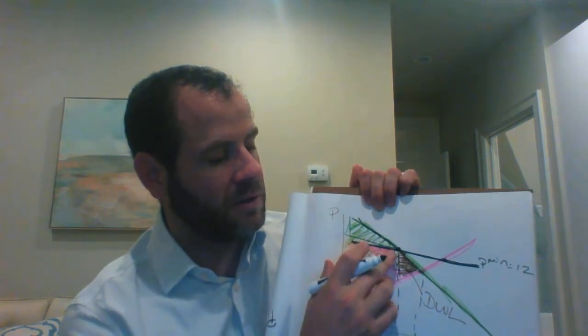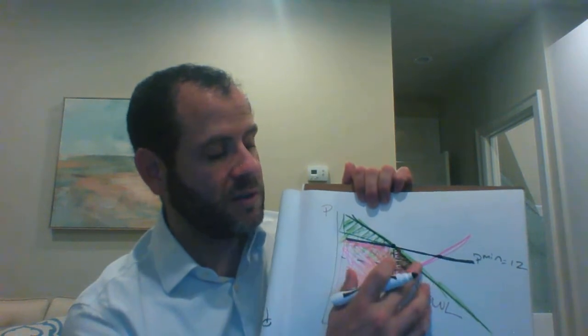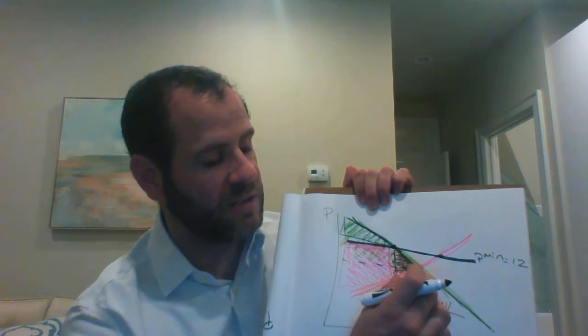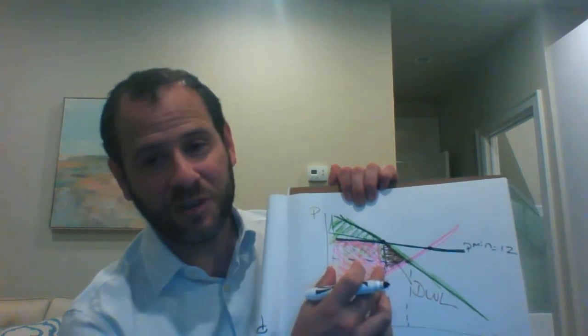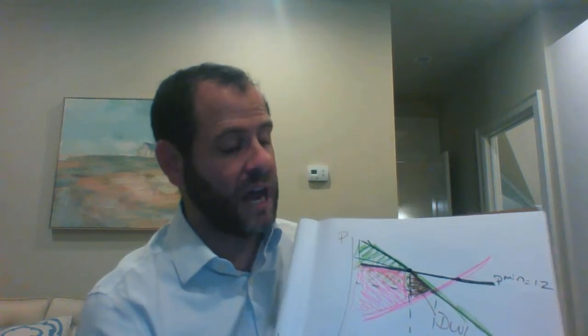So with a price floor, we have an inefficient outcome because we lose the surplus that comes with all of these transactions in the marketplace, creating a deadweight loss. We also see some of what used to be consumer surplus being shifted over to the producers by setting that high price. And again, it's kind of intuitive. If we force prices to be high, that's bad for consumers, but the people selling stuff are pretty happy.